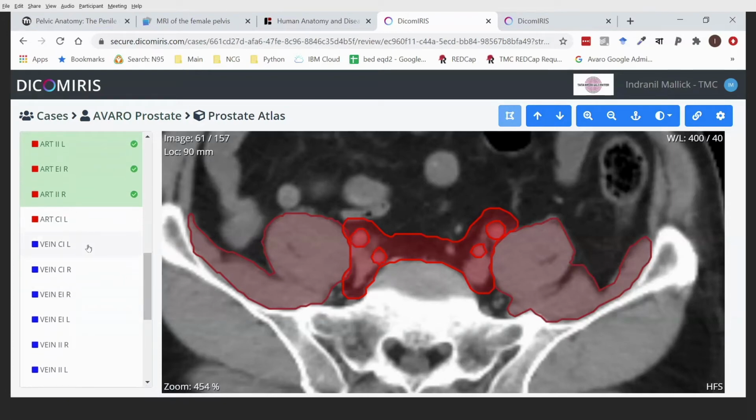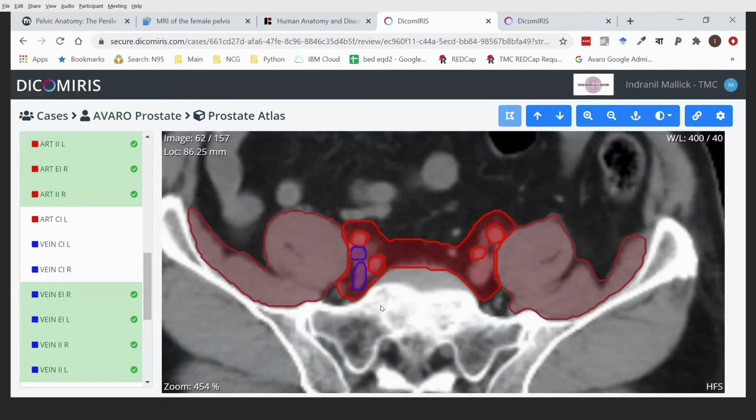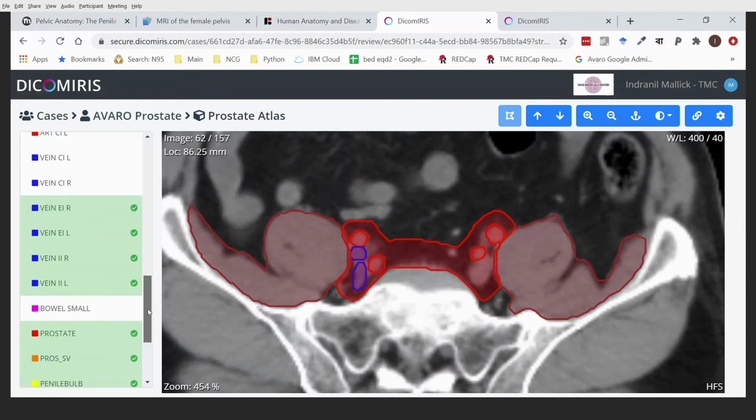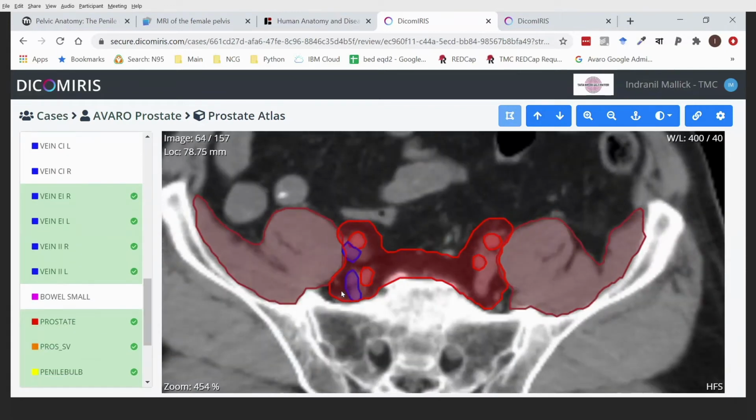Okay, so as you can see, these are the vessels, and we've covered them with a 7 millimeter margin. We've taken an anterior 1.8 centimeter, 12 millimeter strip.